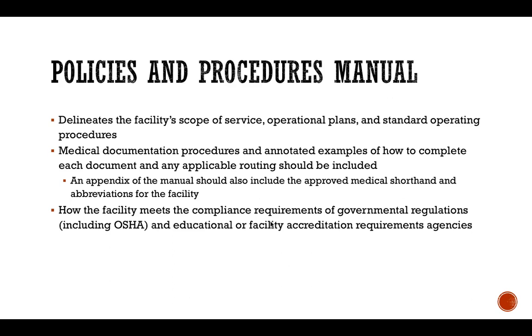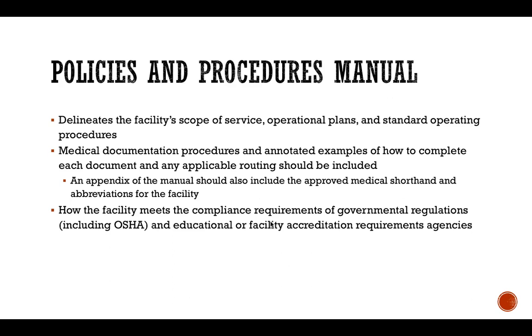The final piece that goes around facilities is that every facility should have a really good working policy and procedure manual. This is a very extensive document that lists out the facility's scope of service: who are their patients, what do they do, who all works there, any operational plans, any standard operating procedures, and any typical standards that need to be followed.